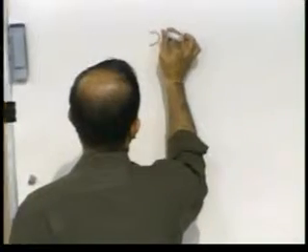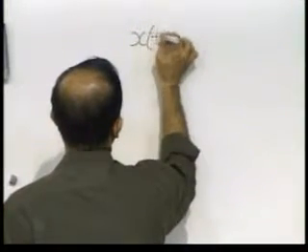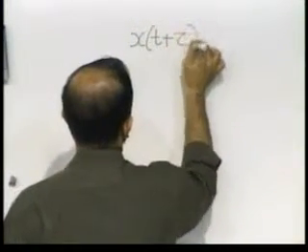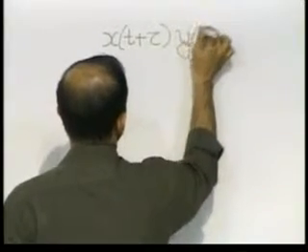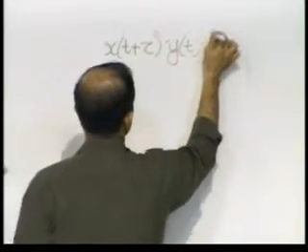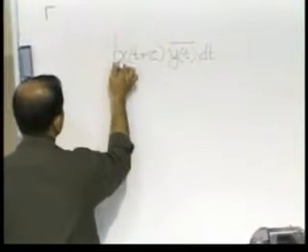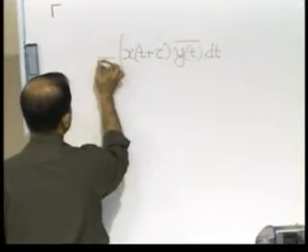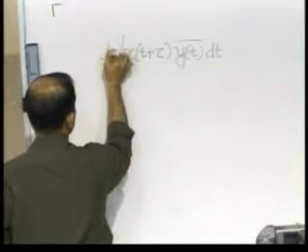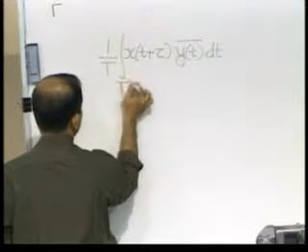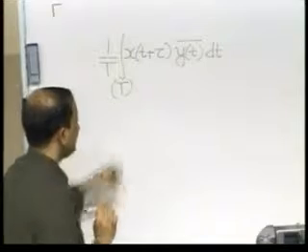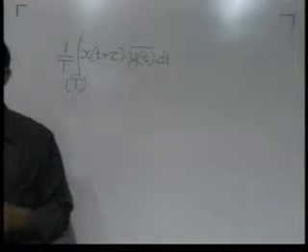So we look at the quantity x(t plus tau) times y(t) complex conjugated, dt, divided by T, integrated over an interval of T.